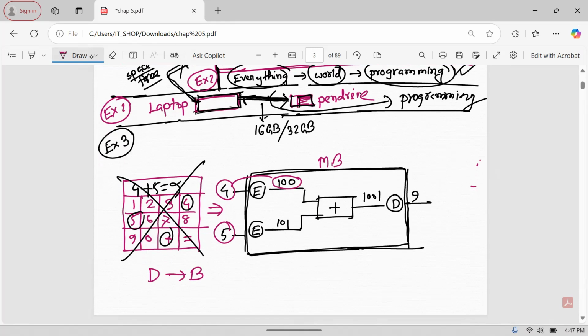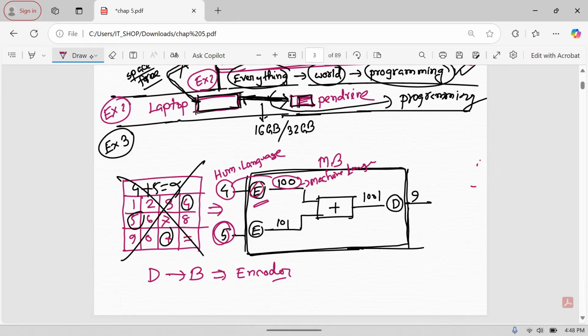And this is not enough. It is not that there is a number 4 and it converts itself into 100. We need a device for that, and this device's name is encoder. I can say the device which converts human language to machine language is called the encoder.